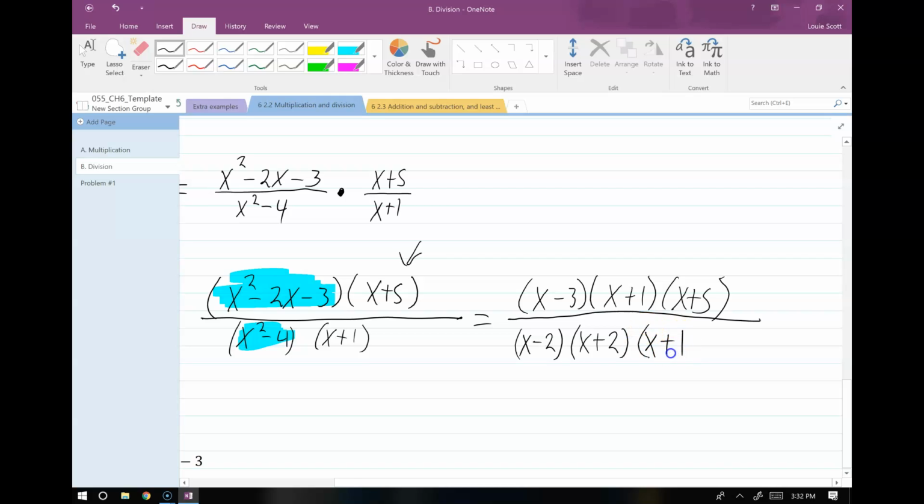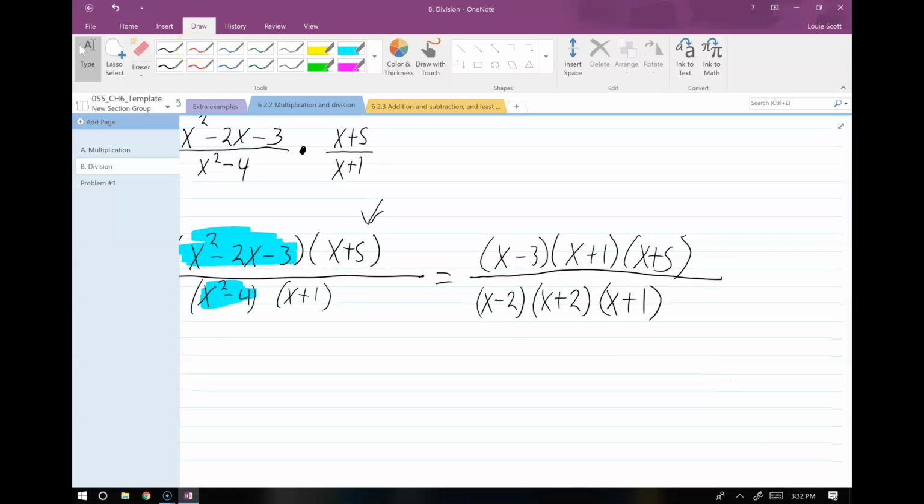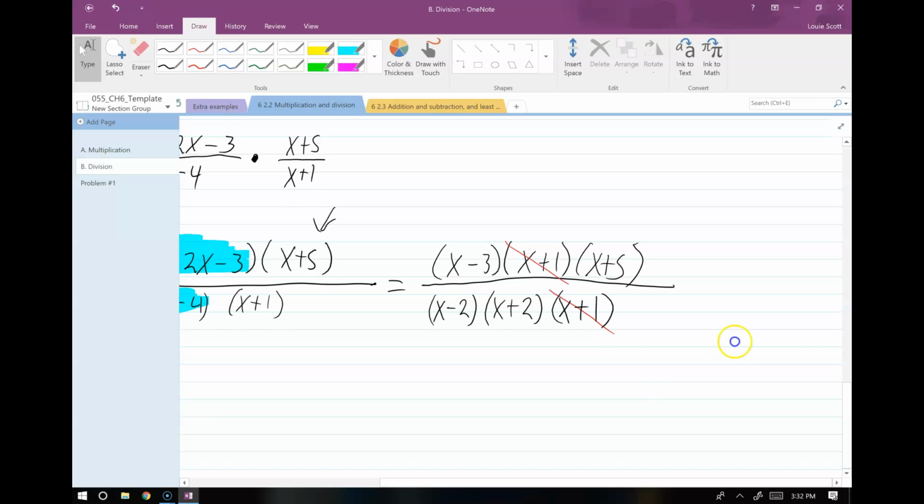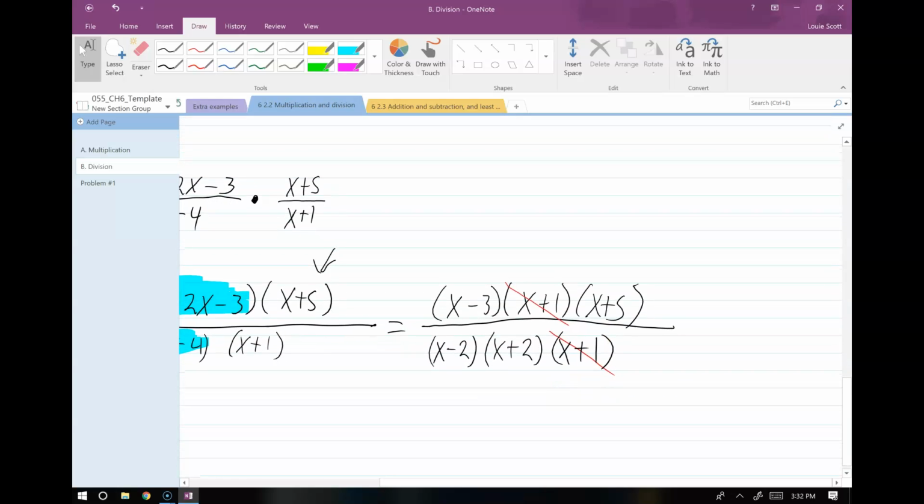And then the x plus 1 is still there. All right, so now any factors that match, we cancel. Boom, boom. And that's it. That's pretty lame. I like it when everything cancels, honestly, but we can't always get what we want.